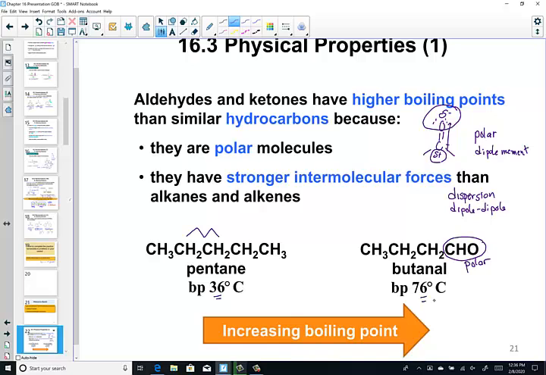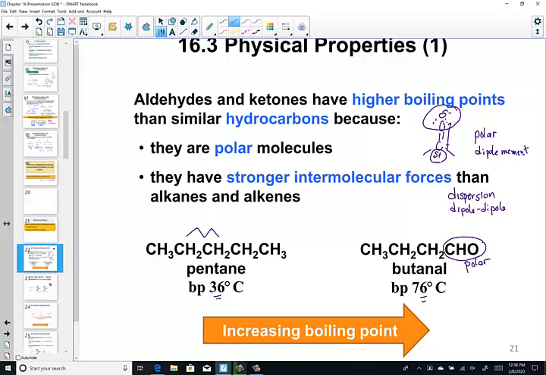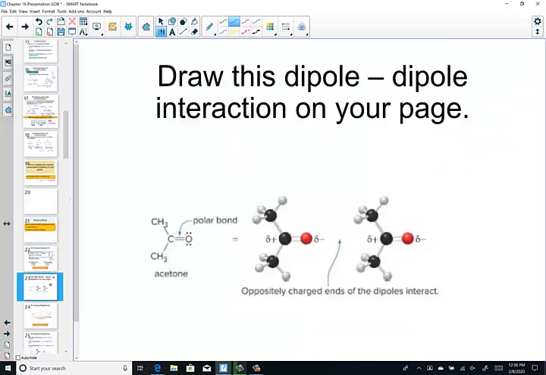It asks us to draw that interaction, and really it's just giving us an opportunity to discuss polarity. So if I were to draw, let's just take a ketone, for example, a 3-carbon chain. We'll put a ketone here. Remember that this is a very rich region of electrons, so I'm going to remind myself that it's electron rich, so it's very negative.